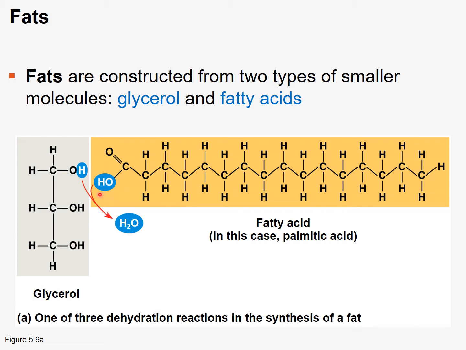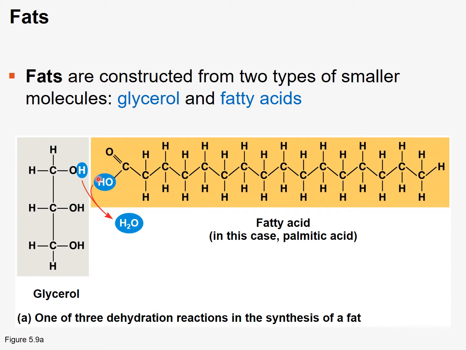Now, since glycerol has 3 carbons, each with a hydroxyl group attached to it, each of those 3 carbons can have a fatty acid attached to it. So they're typically called triacylglycerols. We have glycerol, and then this triacylglycerol, which forms when glycerol reacts with 3 fatty acids.